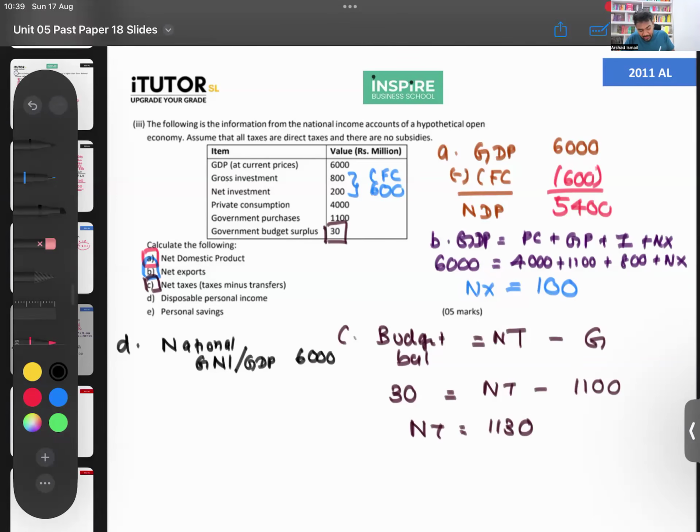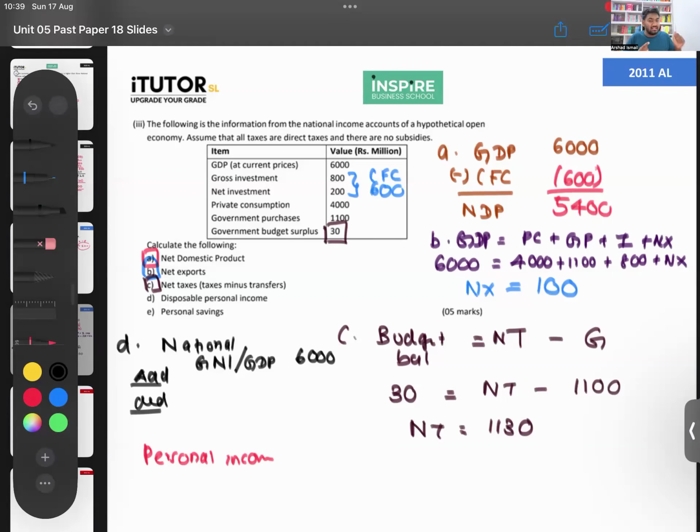So from this, how do you go to personal income? Remember, I showed you in the MCQs. There are certain things that you have to add, certain things you have to deduct. What and what do you add? You have to add pensions, any transfers, social security benefits, any net secondary income. What and what do you have to deduct?